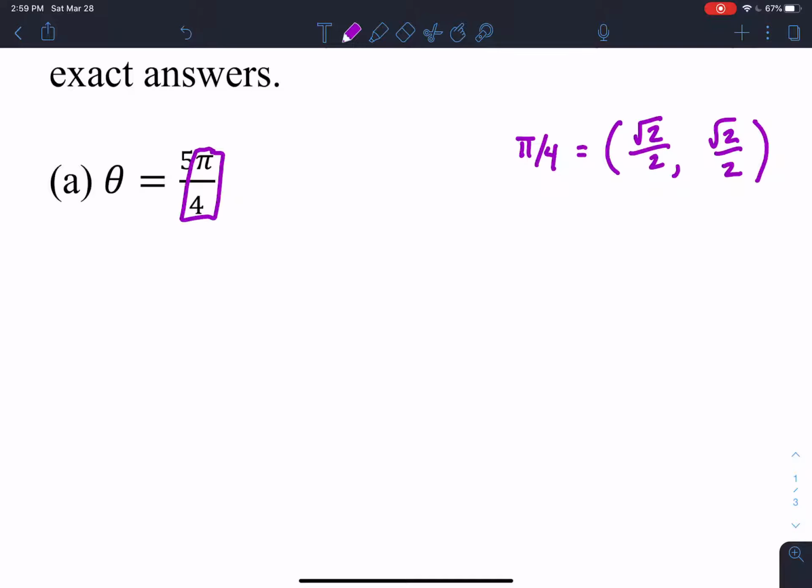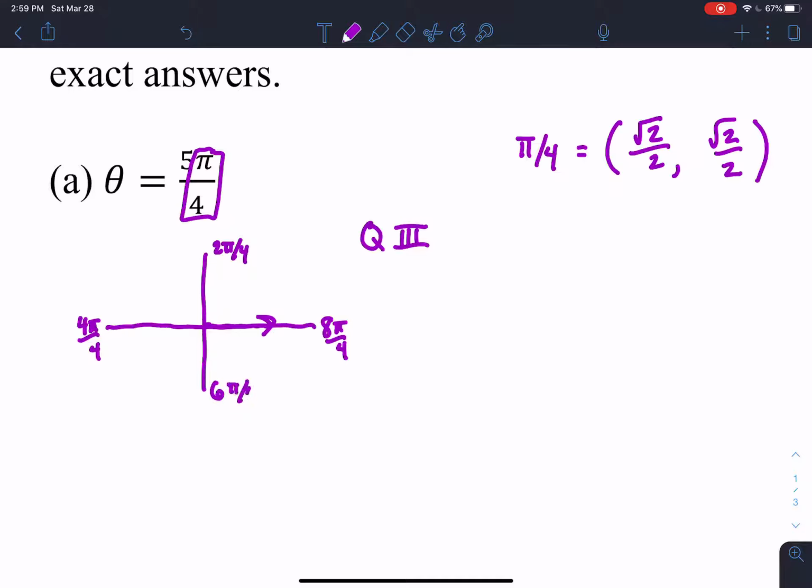If I draw that out, 5 pi over 4 is going to go in quadrant 3, because you've got 8 pi over 4, 4 pi over 4, this would be 2 pi over 4, 6 pi over 4. So if I draw 5 pi over 4, I know it's going to go in quadrant 3.